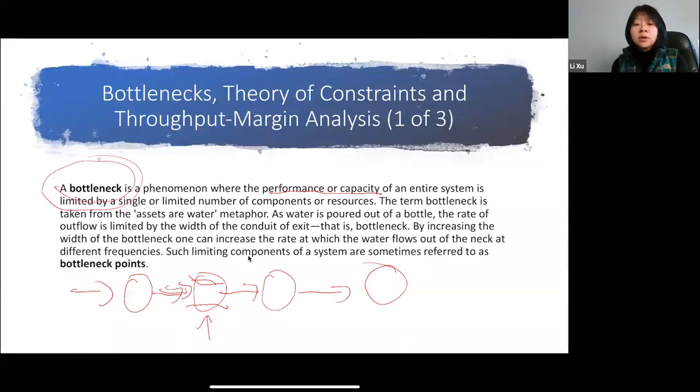So that's why we call it a bottleneck. Remember, you have excess capacity here, excess capacity here, but you have limited capacity in between. So it's kind of like being stuck. Okay.